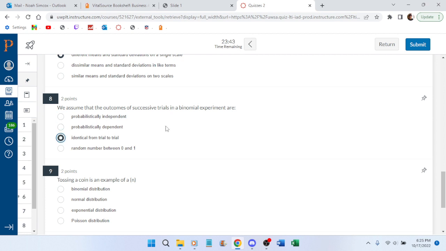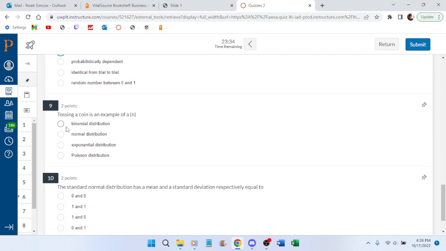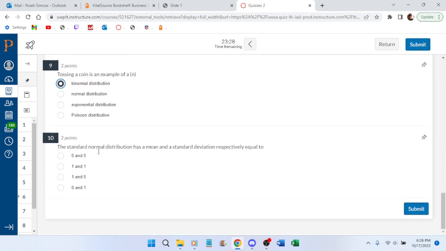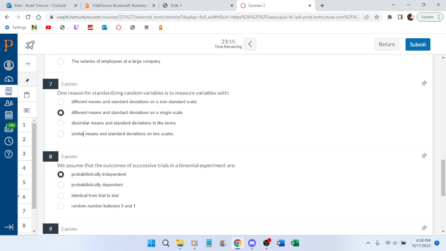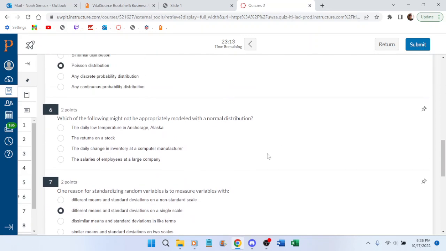Dang it! No, the outcomes are not identical. Tossing a coin is binomial distribution. Standard normal distribution has a mean of 0 and standard deviation of 1. And now we have to answer this dumb question. Dang it!